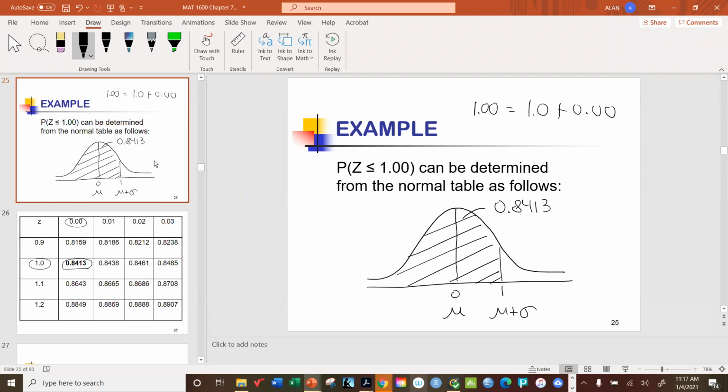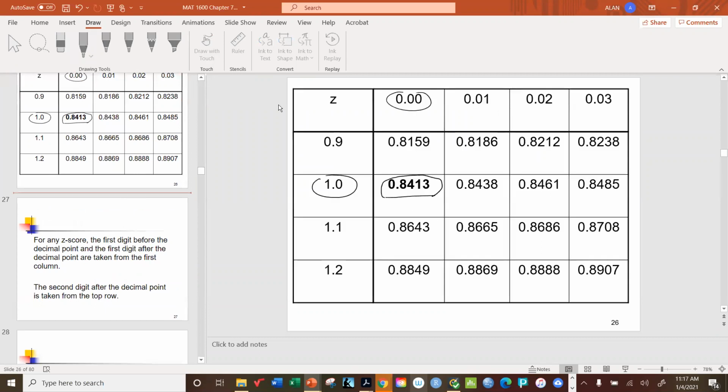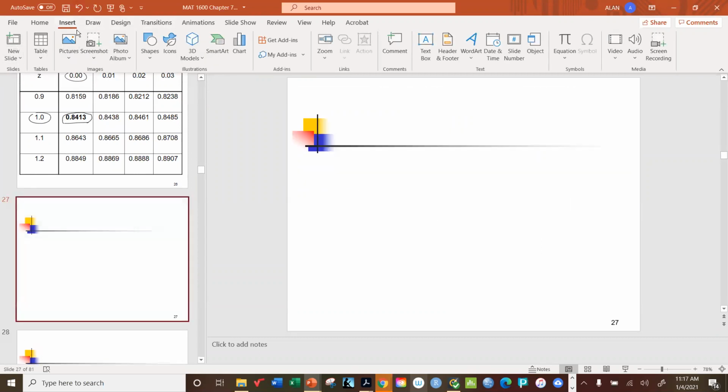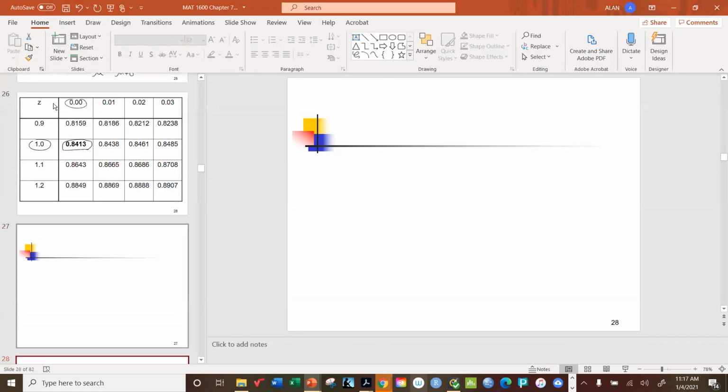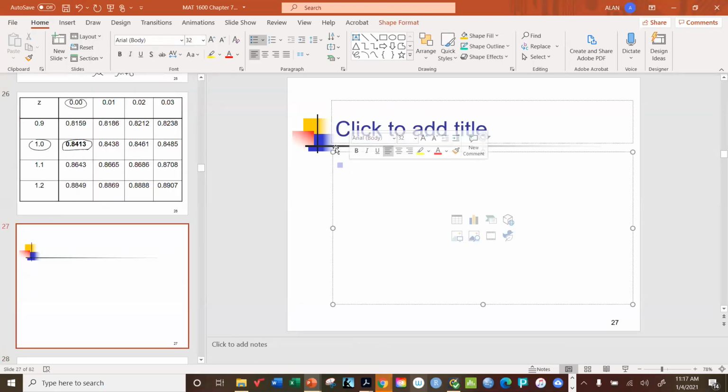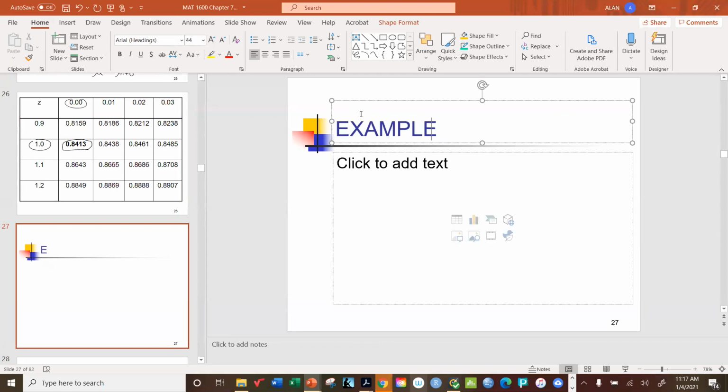Okay, now imagine, for example, there's a test, and let's just say the scores are normally distributed with the following mean and standard deviation. So let's create a quick example here of how you can interpret this.